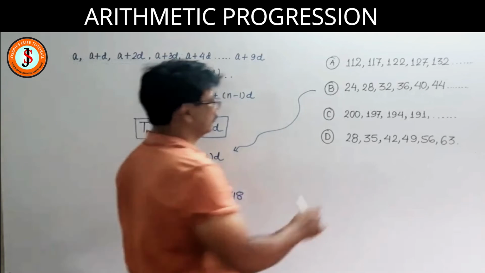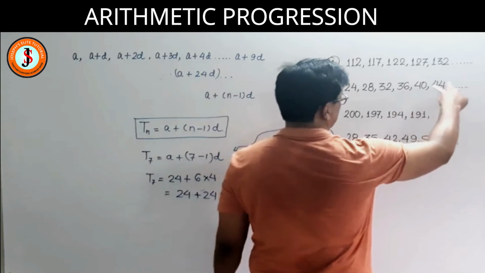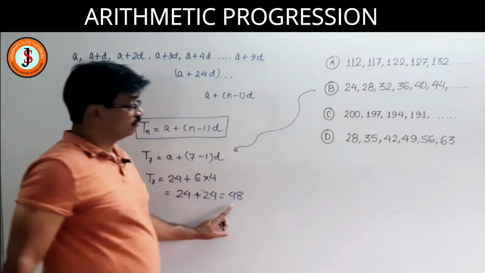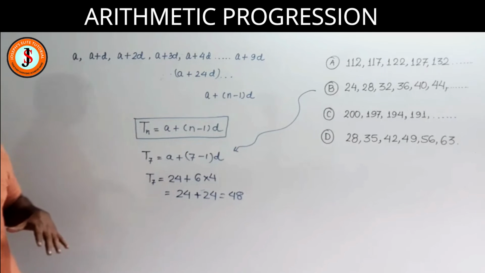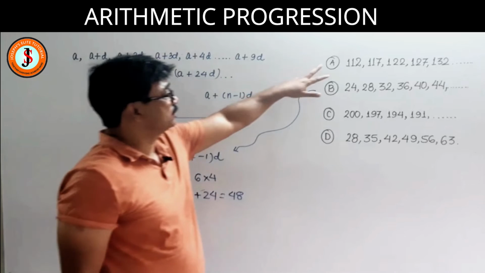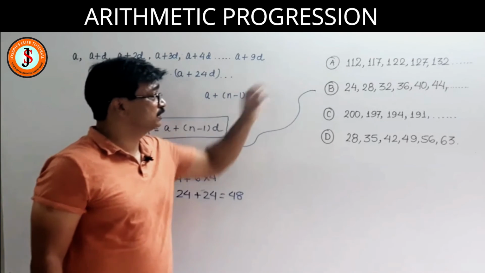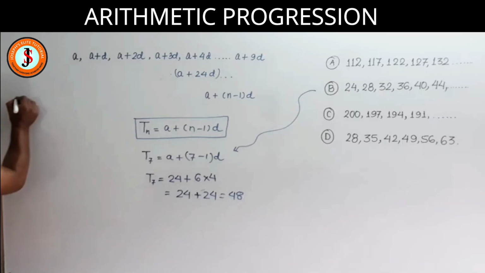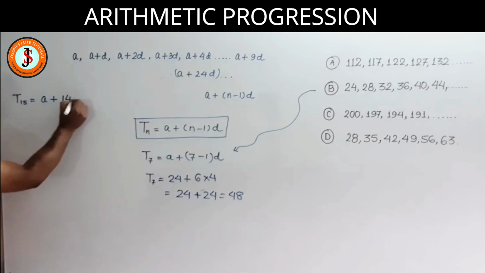Let us check: first term, second term, third term, fourth term, fifth term, sixth term, and seventh term, 4 should be added each time. So it will be 48. So our answer matches. So these types of questions will come. Now suppose I ask you, what is the 15th term of the first sequence? T15 we have to find out. So directly we can write A plus 15 minus 1, that is 14D.